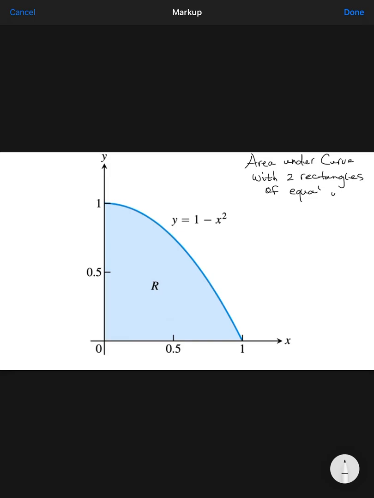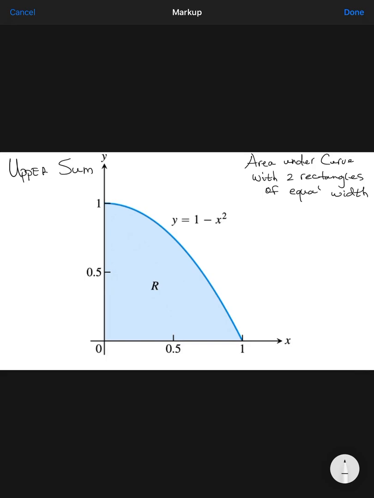So, area under the curve with two rectangles of equal width, and this example is for the upper sum.